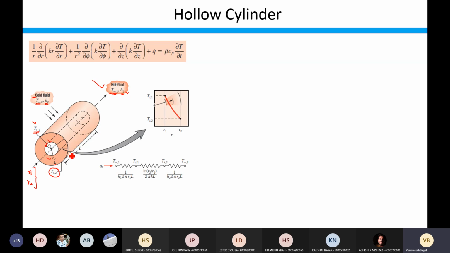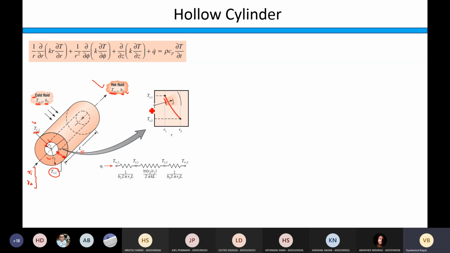And apart from these temperatures, the length of the cylinder is noted down as capital L. So this is the geometrical information for the one-dimensional steady-state heat conduction in case of hollow cylinder, right? Now, if I try to find out the temperature distribution in this thickness of the cylinder, the exaggerated view of temperature distribution is shown here.